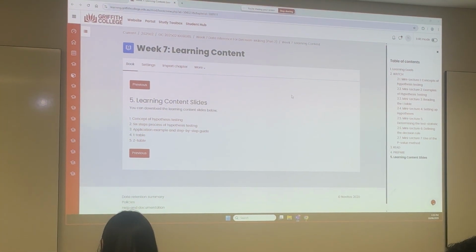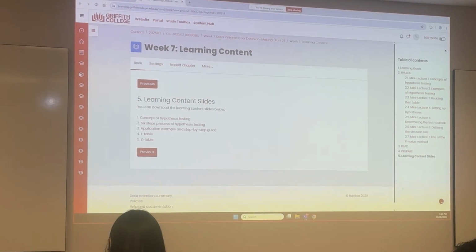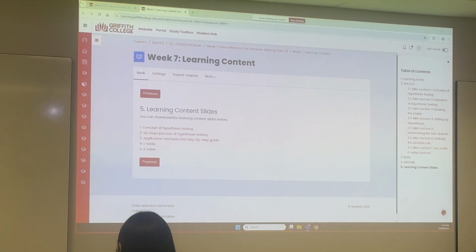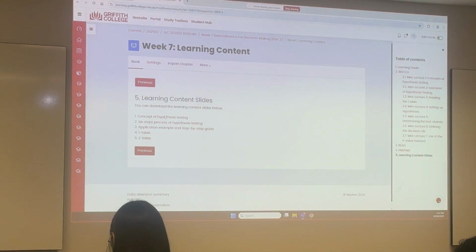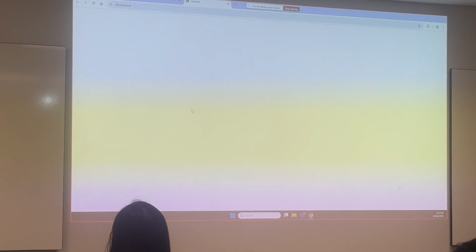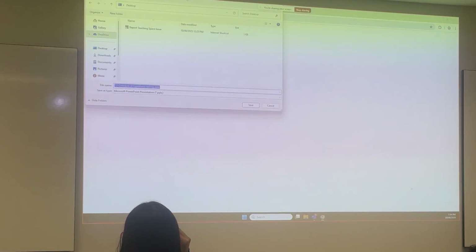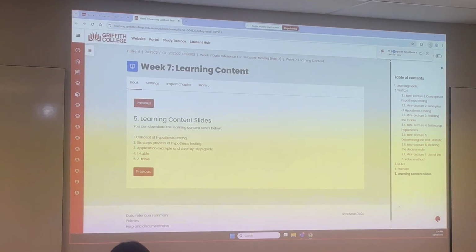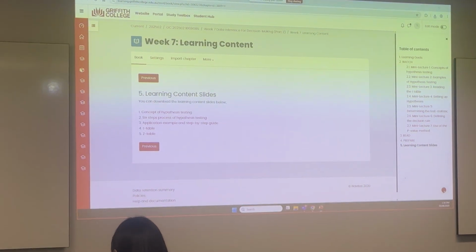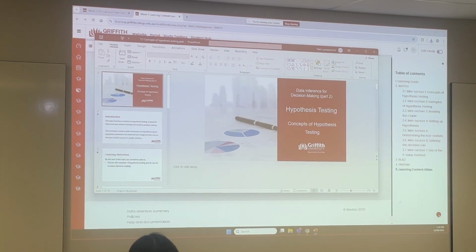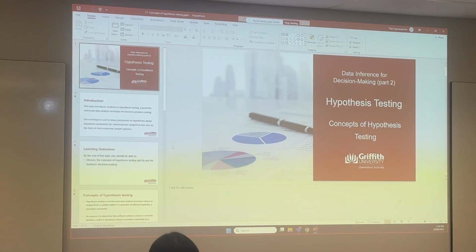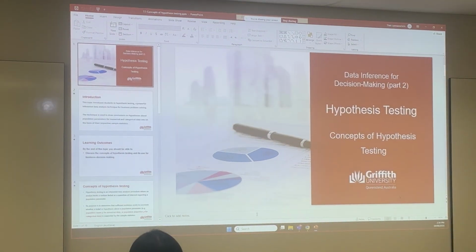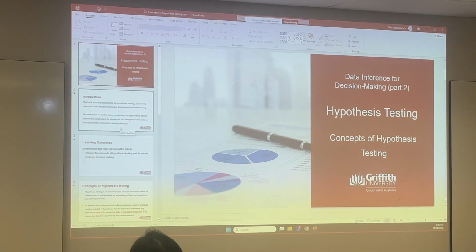So that's what we are going to do today. There are different ways of doing inferential statistics. One is hypothesis testing. First, if you open the slides, you know where you find the slides, right? So that is hypothesis testing.